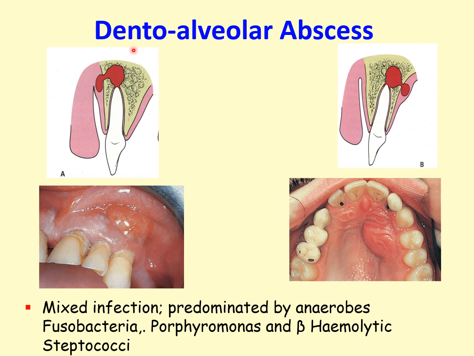Perhaps the most well-recognized and commonest infection in the oral cavity is a dento-alveolar abscess, which is caused by a mixed bacterial population dominated by anaerobes such as Fusobacteria, Porphyromonas, and beta hemolytic streptococci.